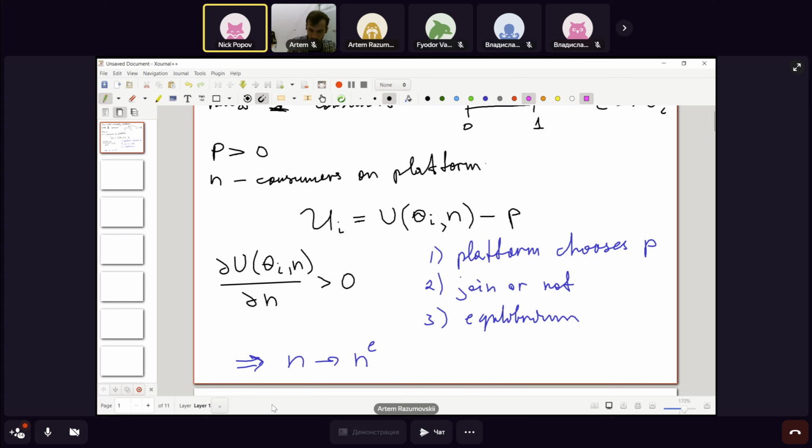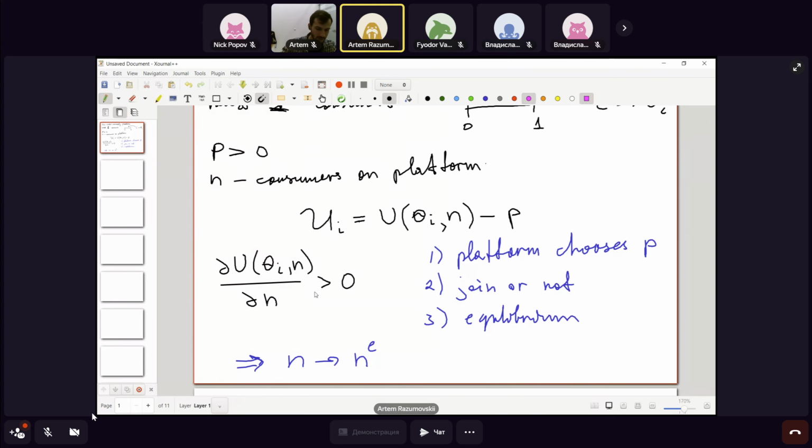Excuse me, so those steps are made one by one, but the consumers decide whether to join or not at once, right? Yes, simultaneously. Okay, thank you.